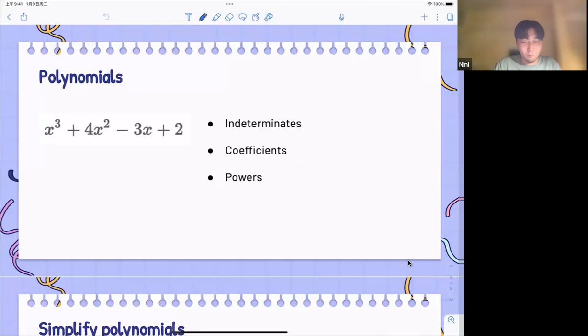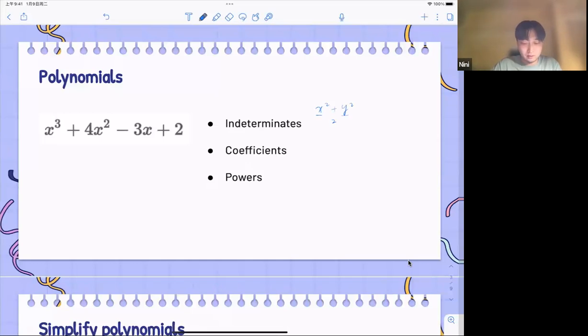So we only have one indeterminate here. But if I write it this way, let's say x squared plus y squared, here we have x and y, we don't know the values. Then we have at least two indeterminates. So that is indeterminates.